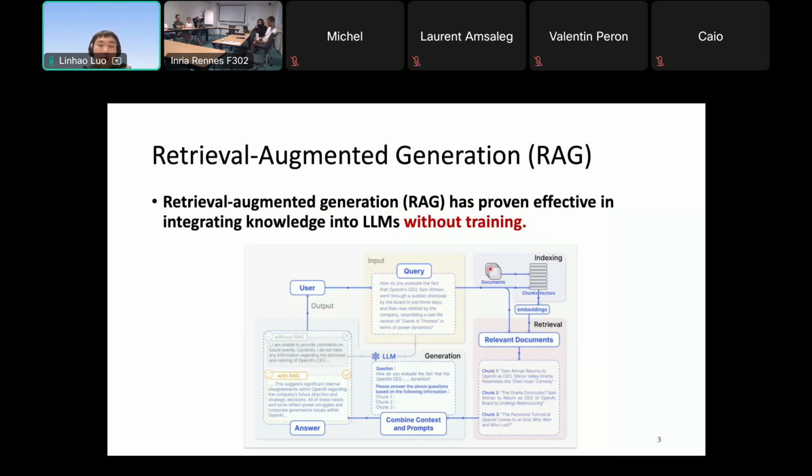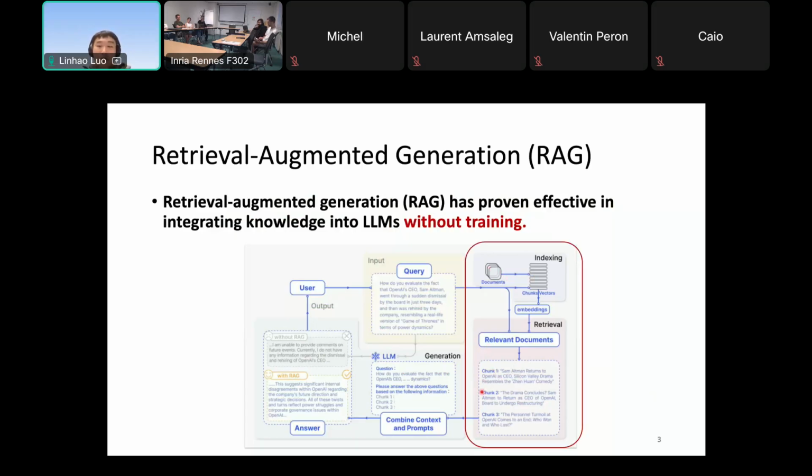For example, given a query, we retrieve relevant documents, provide the LLM with that knowledge, and ask it to answer the question based on it. This RAG pipeline has proven effective in integrating new knowledge into the LLM without heavy retraining of the model parameters.